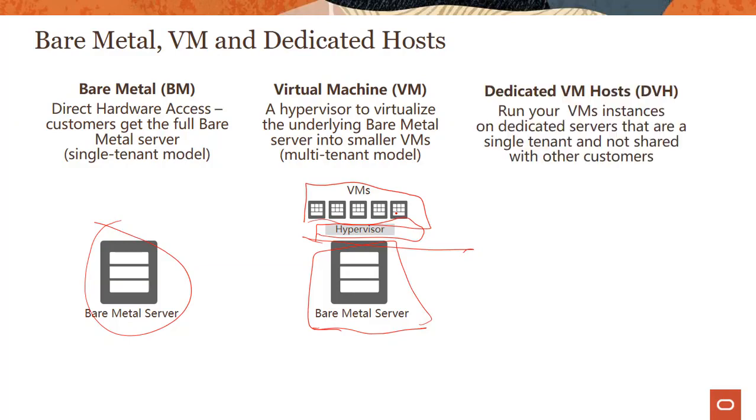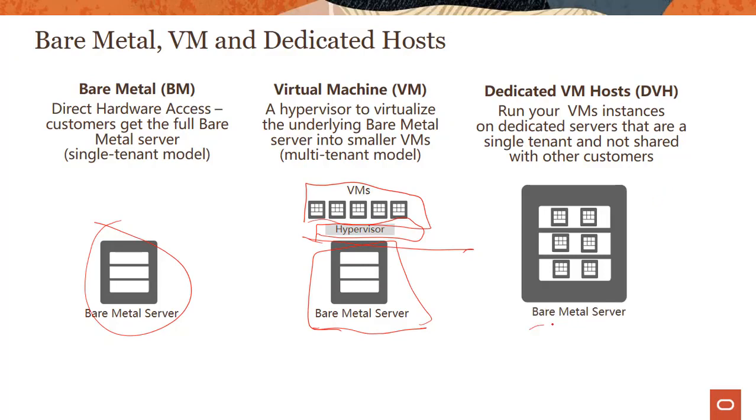And the third model, which we launched recently, is called the dedicated VM host, or DVH. Now, in a dedicated VM host, you can run your VM instances on dedicated servers that are single tenant and not shared with other customers. So what it means is you get the bare metal machine here, but then on top of that, you can run these virtual machines. And it's a little bit different from the bare metal shape, because in this case, you get this single tenant model, your bare metal server, and then you also get the ability to run VMs on top of that.